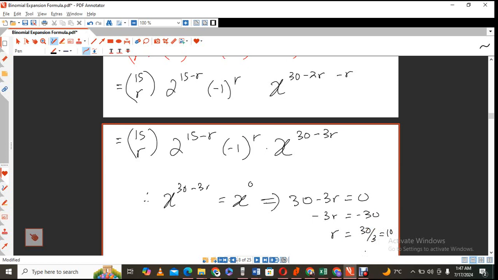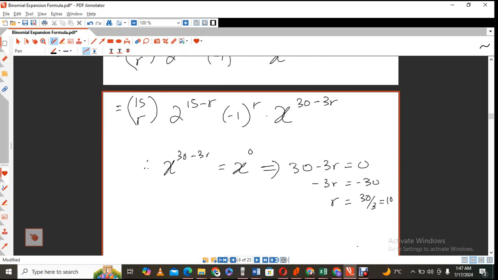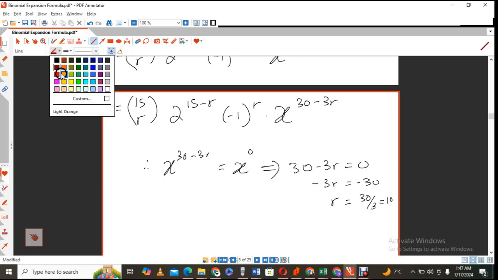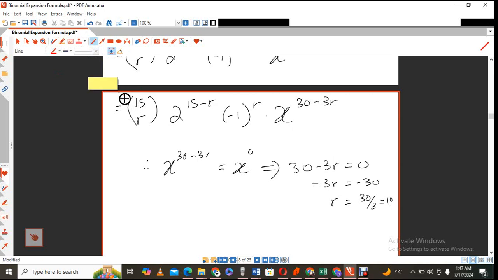Now that we know r is 10, we can calculate our term which is independent of x, by substituting it. This is the Holy Grail of my situation.